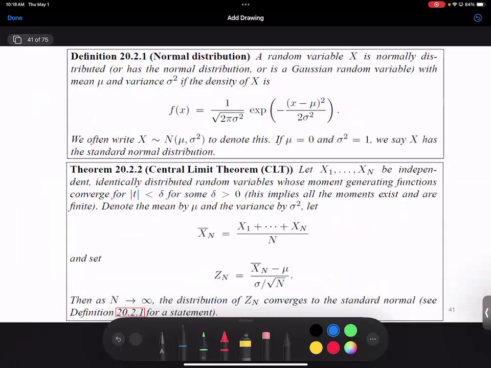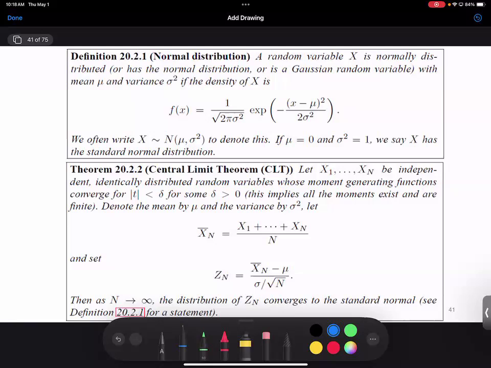All right. So just to review, you should have seen this so many times that you can rattle this off in your sleep. If I give you a normal distribution with mean mu and variance sigma squared, then its density is 1 over square root of 2 pi sigma squared, e to the negative (x minus mu) squared over 2 sigma squared.